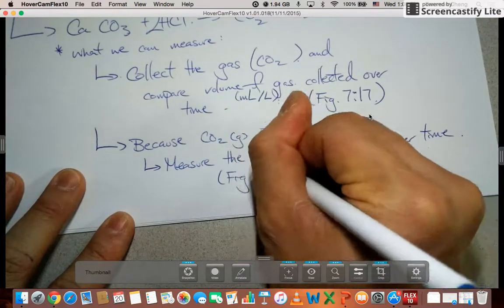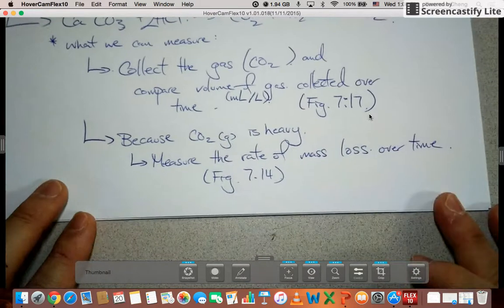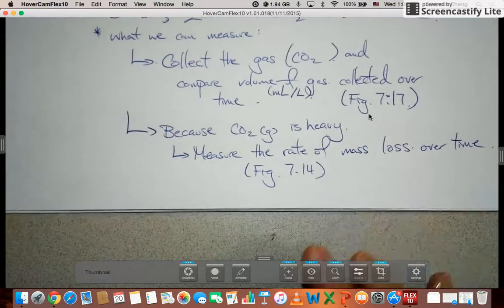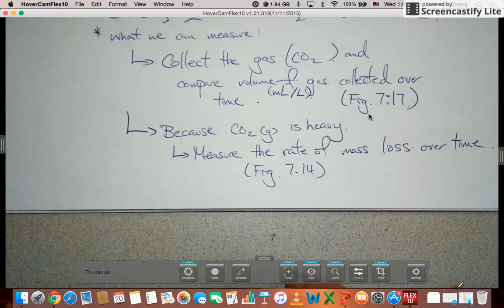Like on figure 7.14 with the whole mass thing, are we measuring the mass of the marble chip? You measure the mass of the whole thing, all the acid, all of the marble, before.